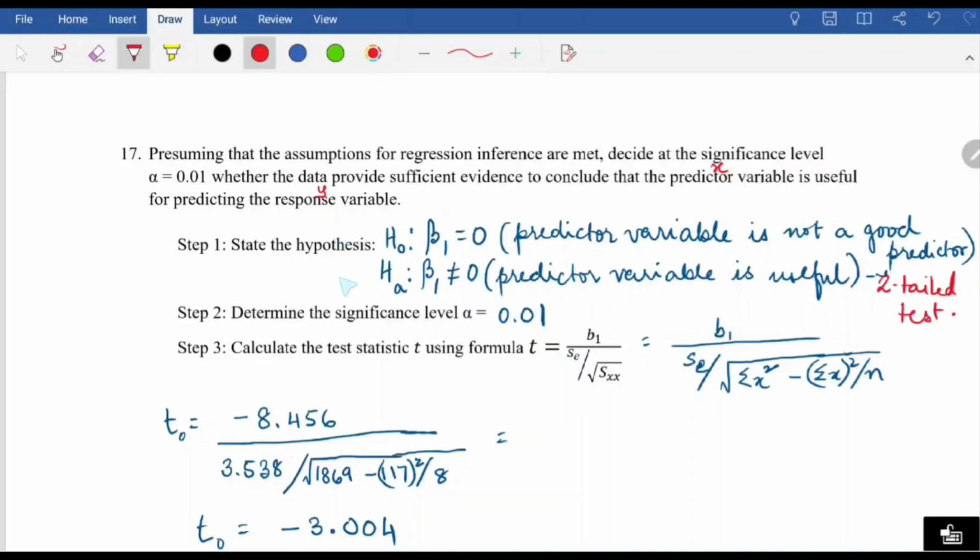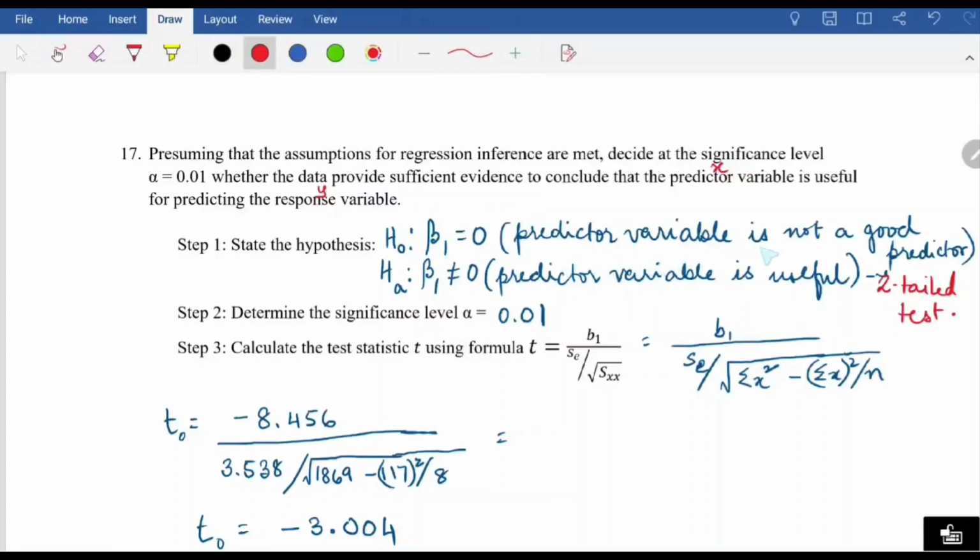So the way we state our hypothesis is H sub 0 colon beta sub 1, all right? Not b sub 1, but the population slope is what we are drawing the inference on. So beta sub 1 equal to 0. When the slope is equal to 0, then X has absolutely no role in predicting Y, and that's what the null hypothesis will always state.